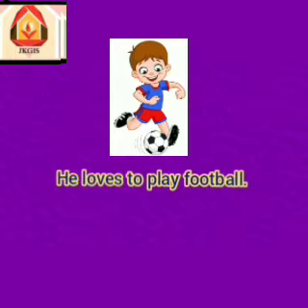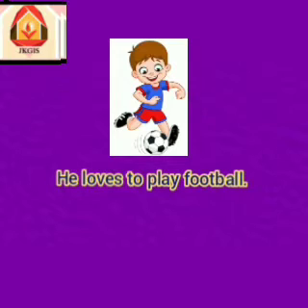Here we can see a picture of a boy. His name is Raj. He loves to play football. Here we have used the word he for this boy.